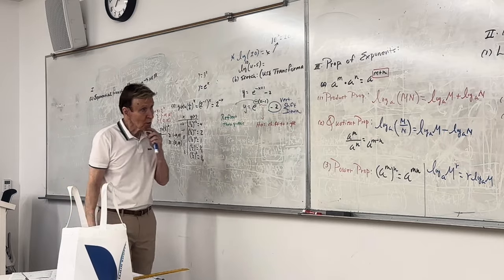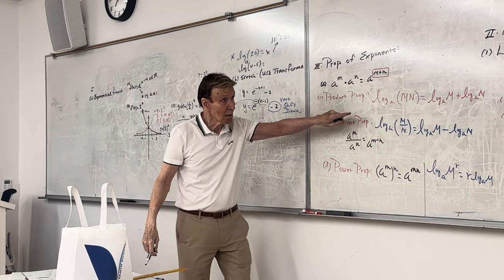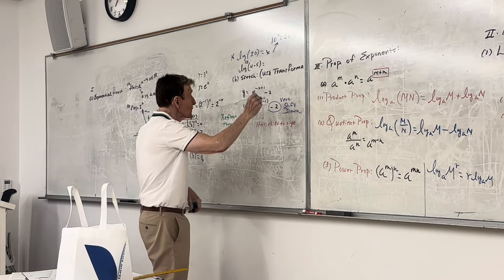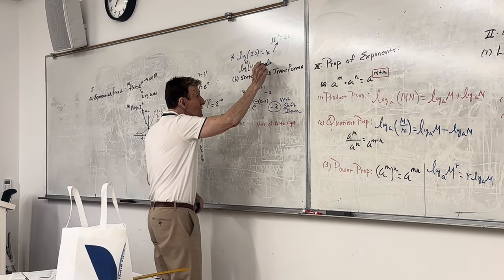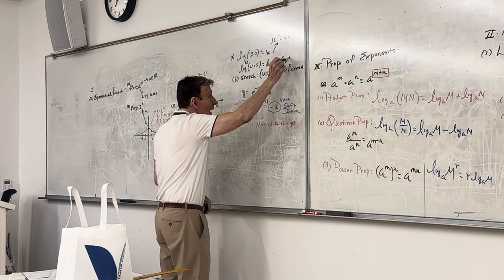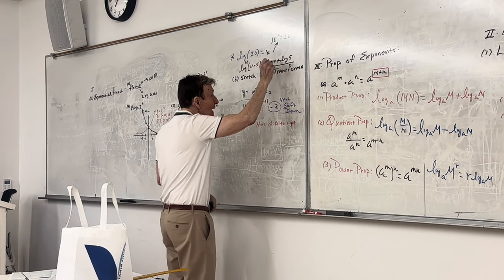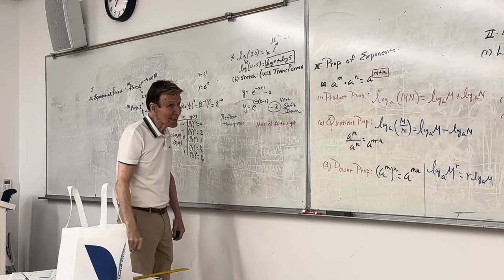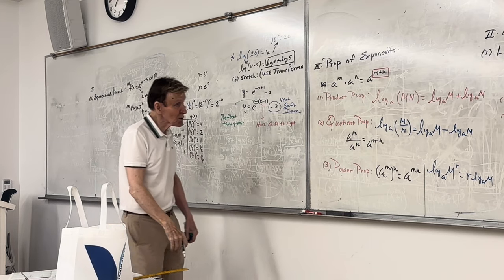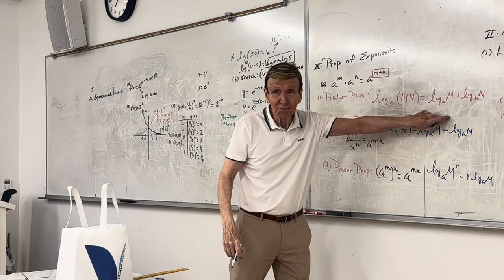Now, you've written it as a product, so you should be able to use the product rule. And therefore, you can rewrite this right quickly now as log of 4 plus log of 5. And that may help you in some of these problems to rewrite with the help of the properties. Like I used the product property on this one.